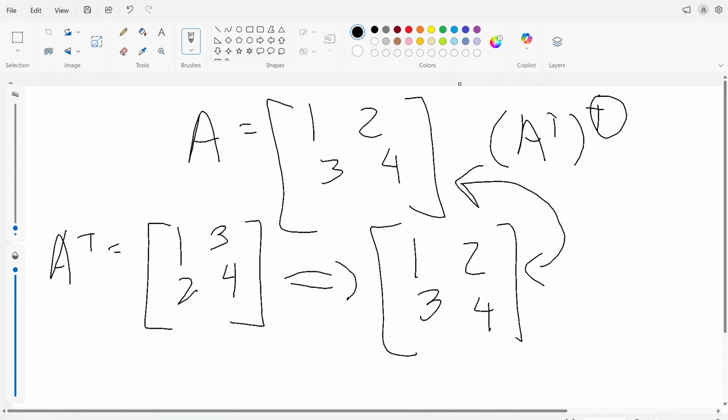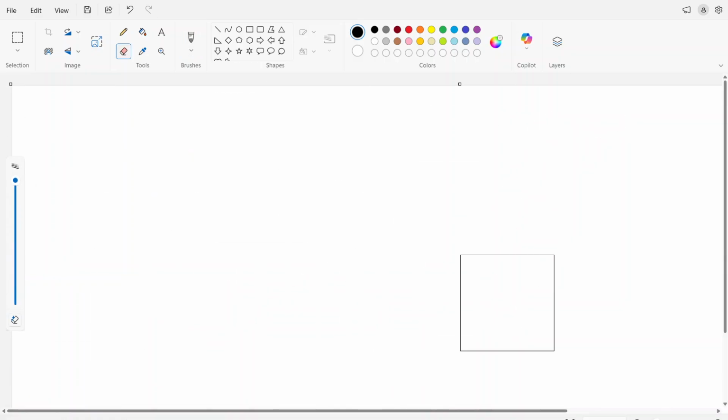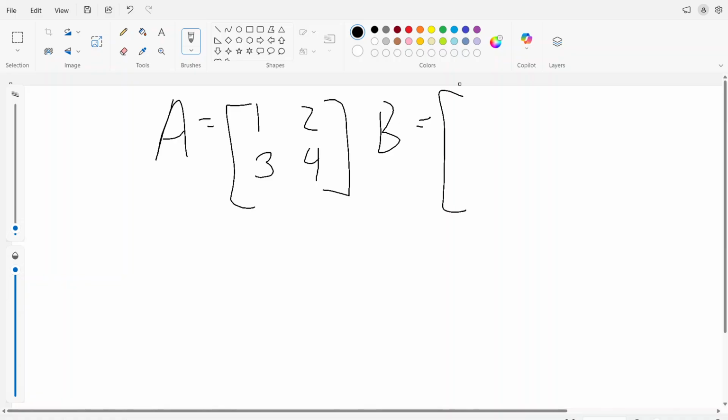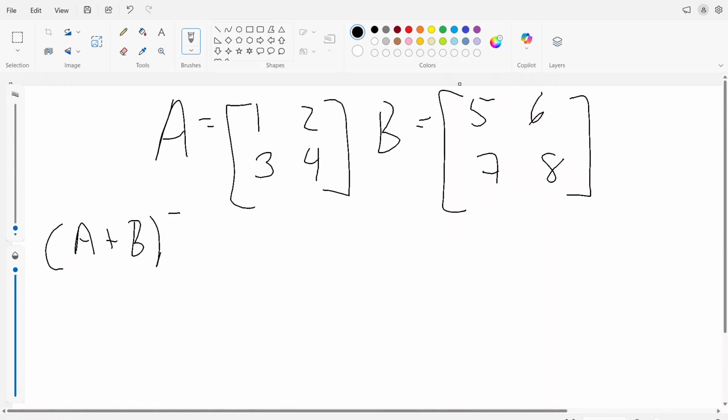Now we're going to look at example number 5, using some more properties that we've learned. Given matrix A equal to [1, 2; 3, 4] again for simplicity, and matrix B equal to [5, 6; 7, 8], find (A + B)ᵀ. Step 1 is to add the matrices. We've learned how to add matrices before, by adding the corresponding numbers.